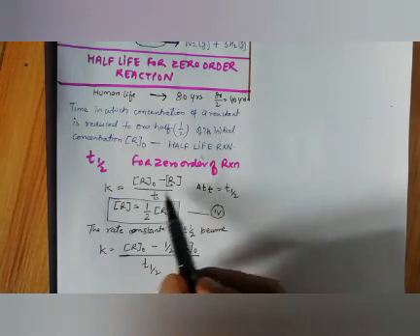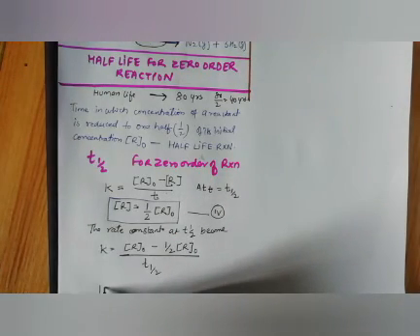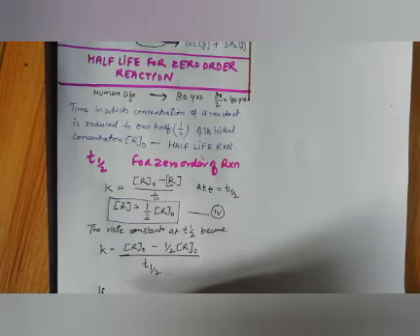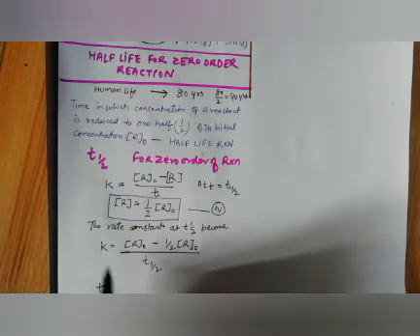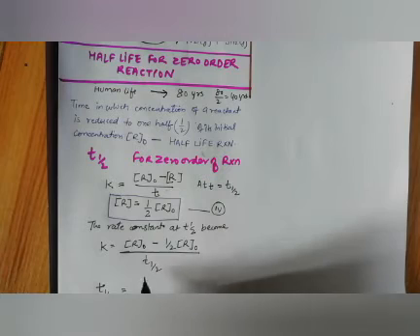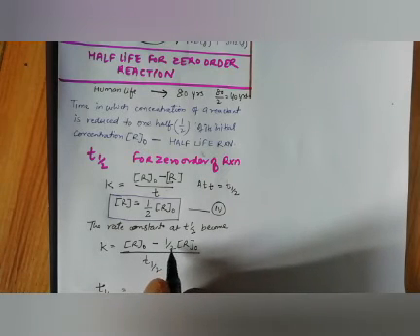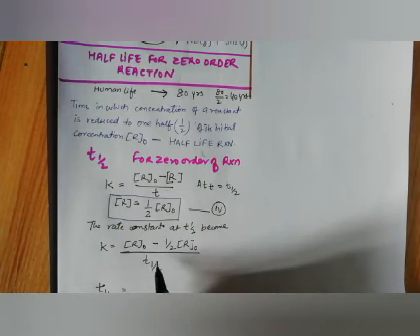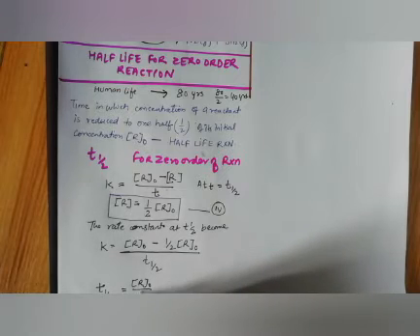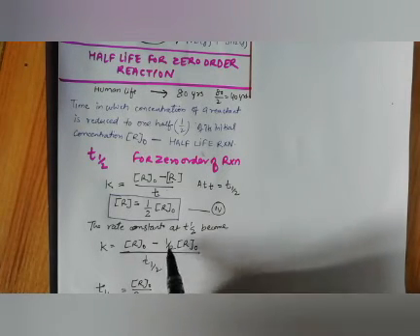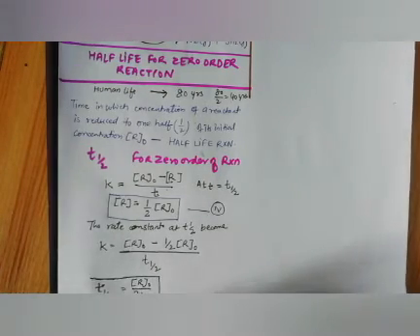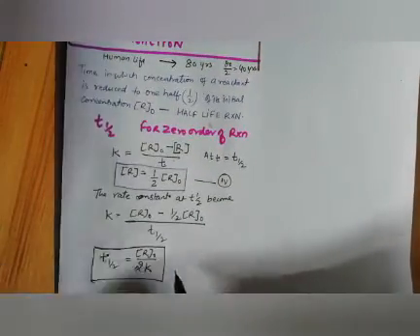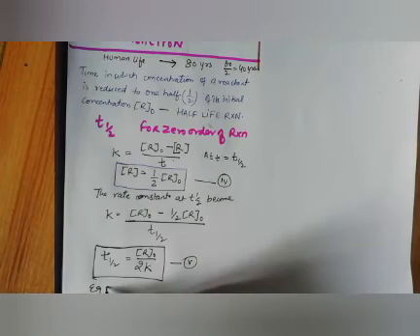T half will go here, K will come this side, is equal to R naught minus half R naught, which becomes R naught upon 2. This 1 upon 2 will come down, and it becomes 2K. Got my point?